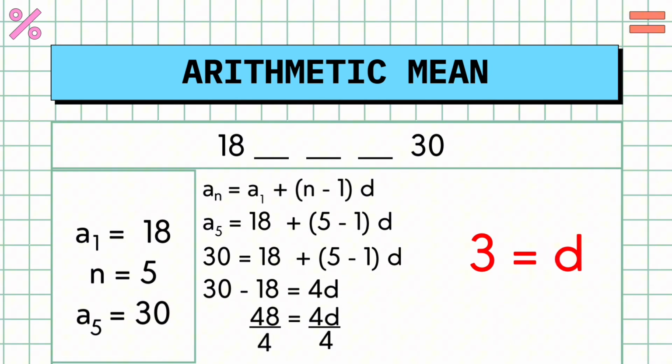Then we put our last term 30 and equate it to the first term plus the quantity of n minus 1, which is 5 minus 1 times d. And then we again combine like terms and perform transpose. So we get 48 equals 4d, and then divide both sides by 4 to cancel out the similar terms. Hence, we have 3 as our d.